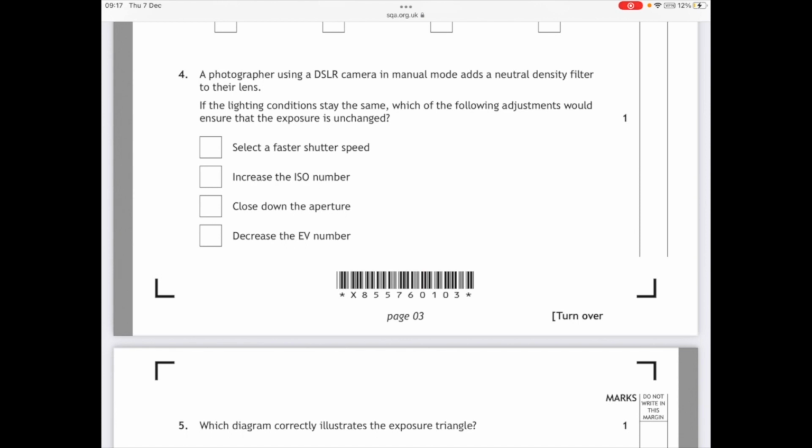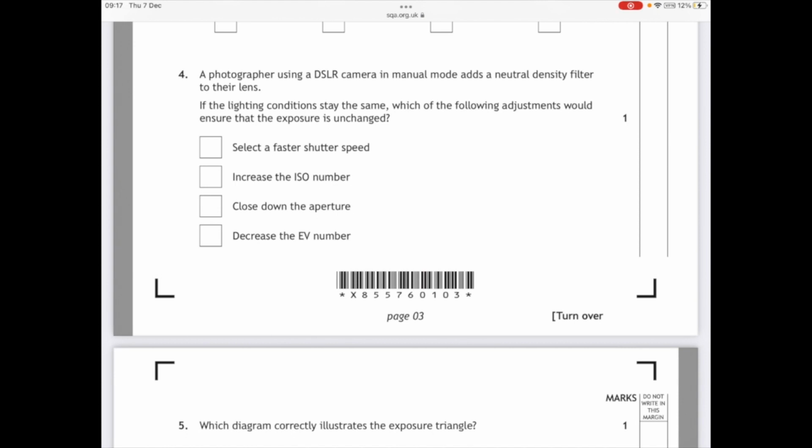Okay, so they are taking a photograph and they're using a neutral density filter on the lens. It's called an ND filter as well.